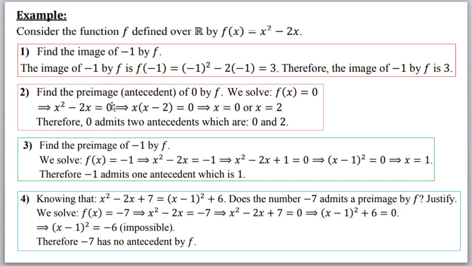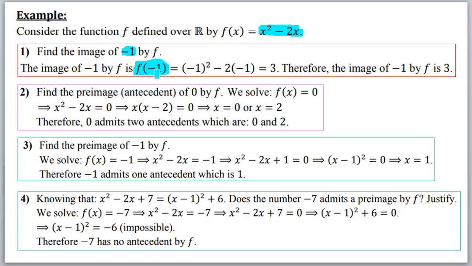Let's go to an example here. Consider the function f defined over R by f of x equal x squared minus 2x. This is a function. Now it's not asking me for the domain of definition or other things. It says find the image of minus 1 by f. How do I find the image of minus 1? The image of minus 1 by f is f of minus 1. What does it mean?